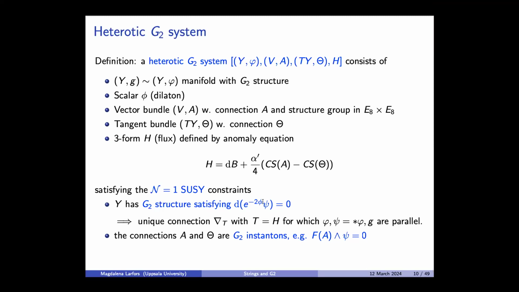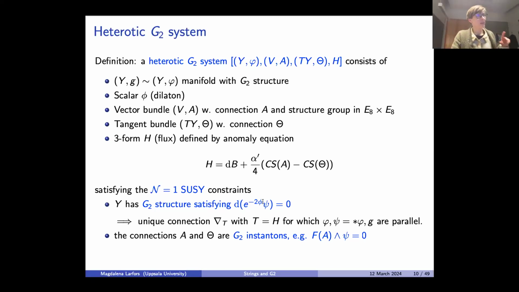Is there any relation between theta and this unique connection nabla T? Yes and no. Yes, there is, but it's a bit involved. One can relate them, because H here is related to the torsion, and here we have theta.